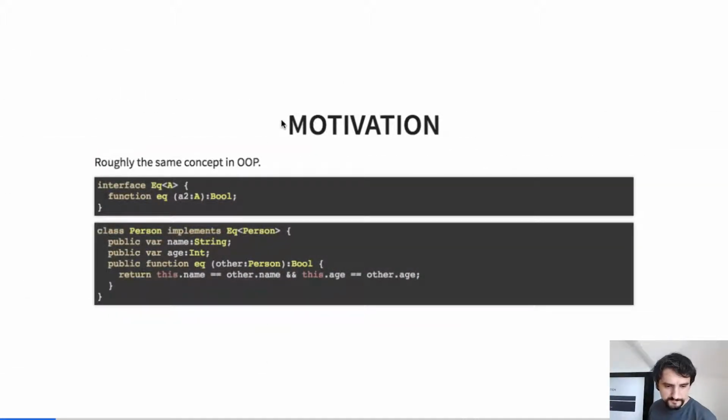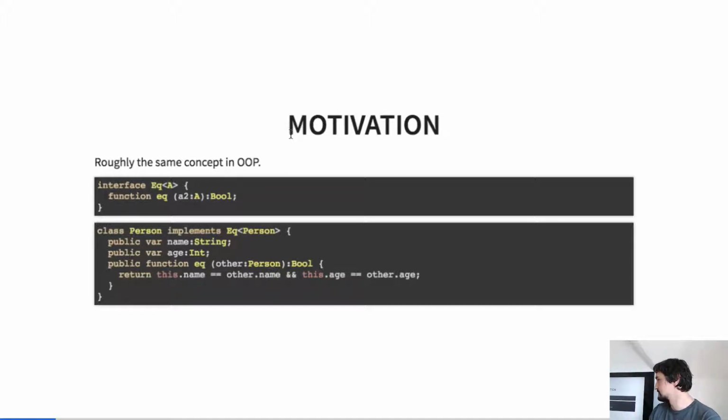So what is more or less the same concept in object-oriented programming? It's something like this. It's an equal class, but in contrast to the type class, you have only one type parameter. The name A2 is not perfect, I guess, but call it X. And then you implement that interface, and that's important, at the same time where you define your data structure.